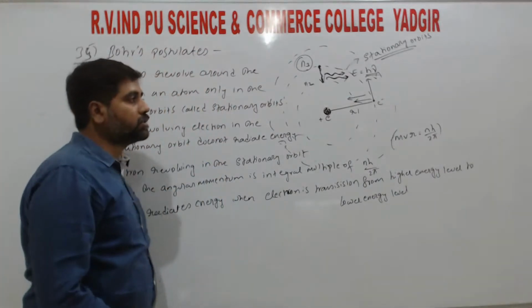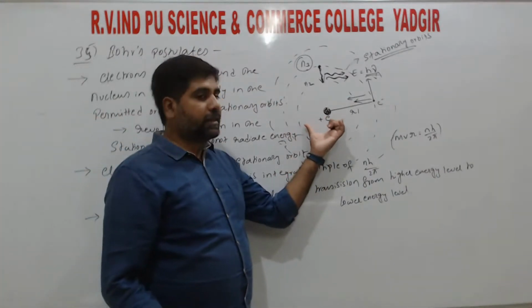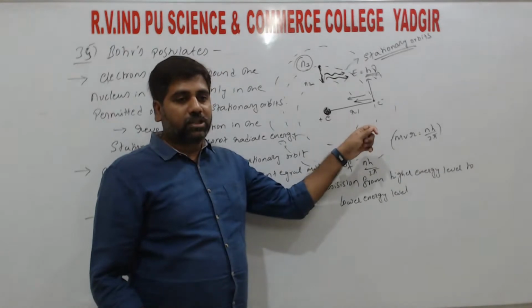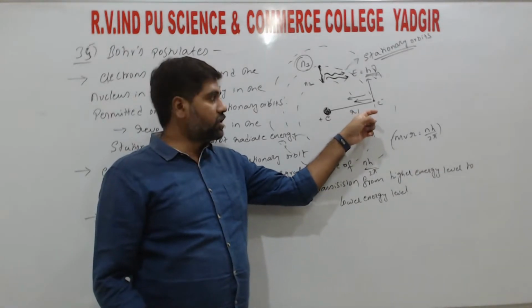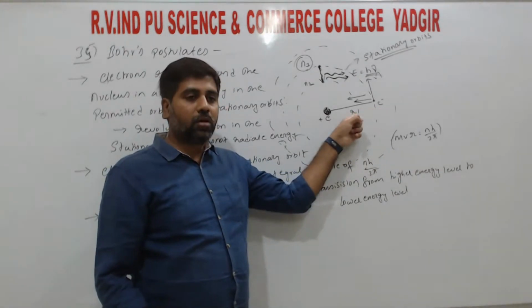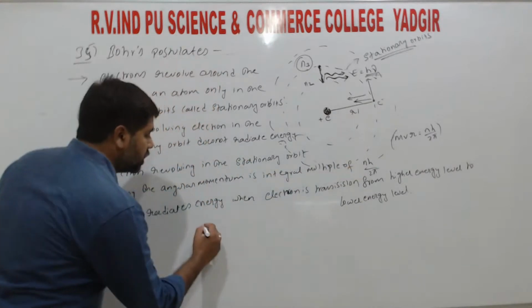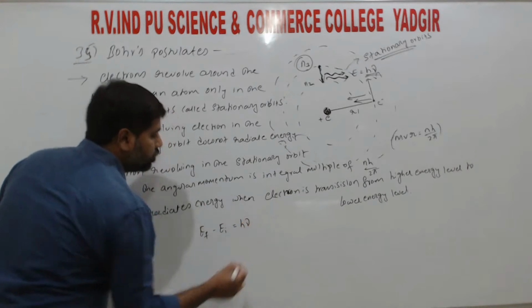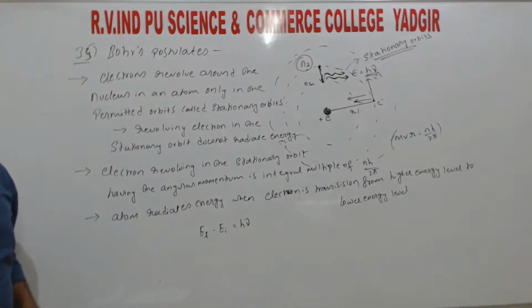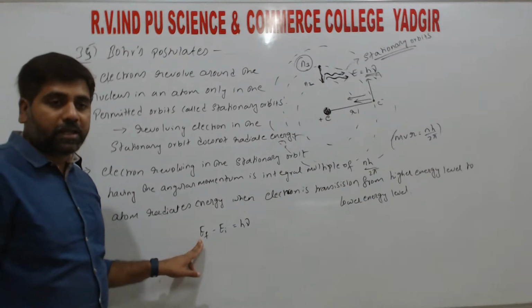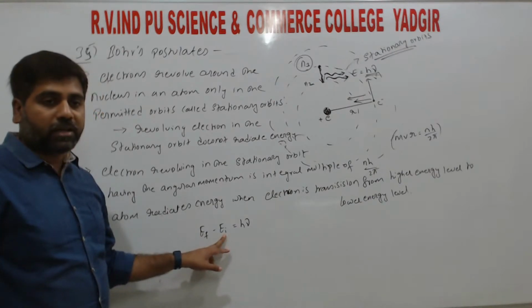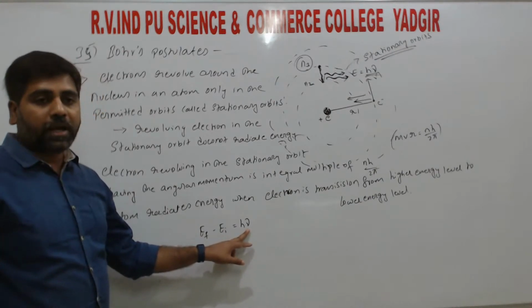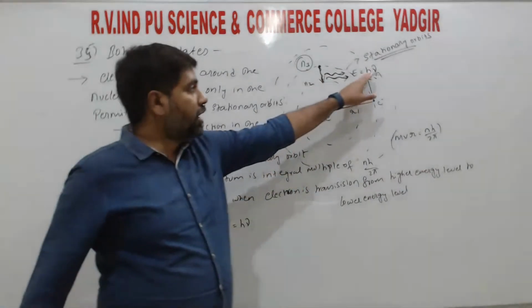And the last point: the atom radiates energy only when the electron makes a transition from a higher energy state to a lower energy state, that is Ef minus Ei is equal to hν. Here hν is again the radiation.